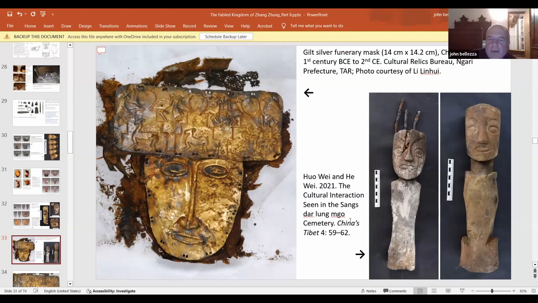And on the right, we go back to Sangdar Lungo, and there are a number of these wooden figures. They may be effigies that were used in the funerary rituals.